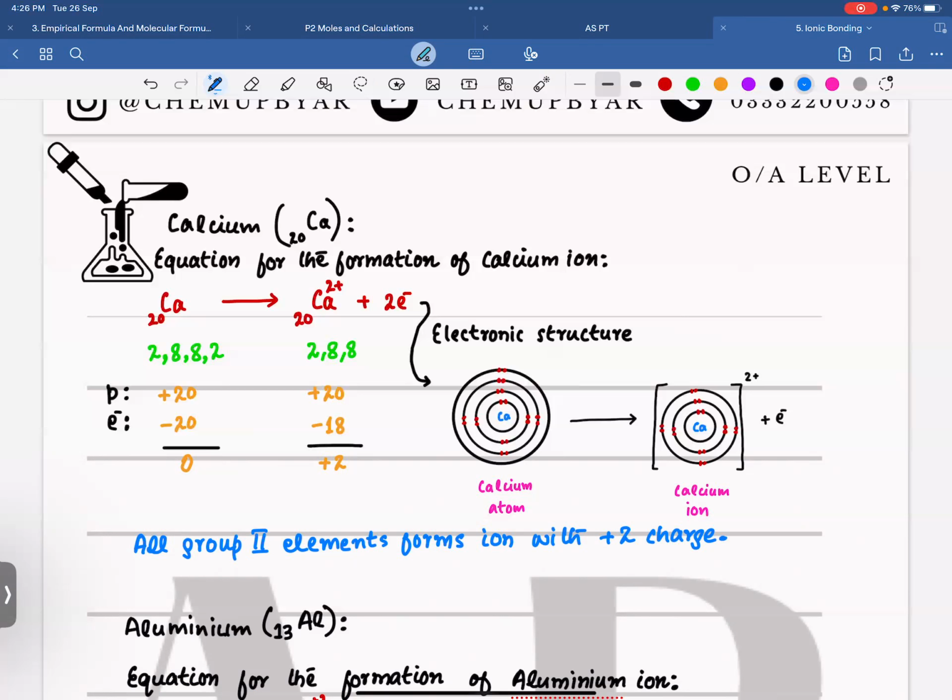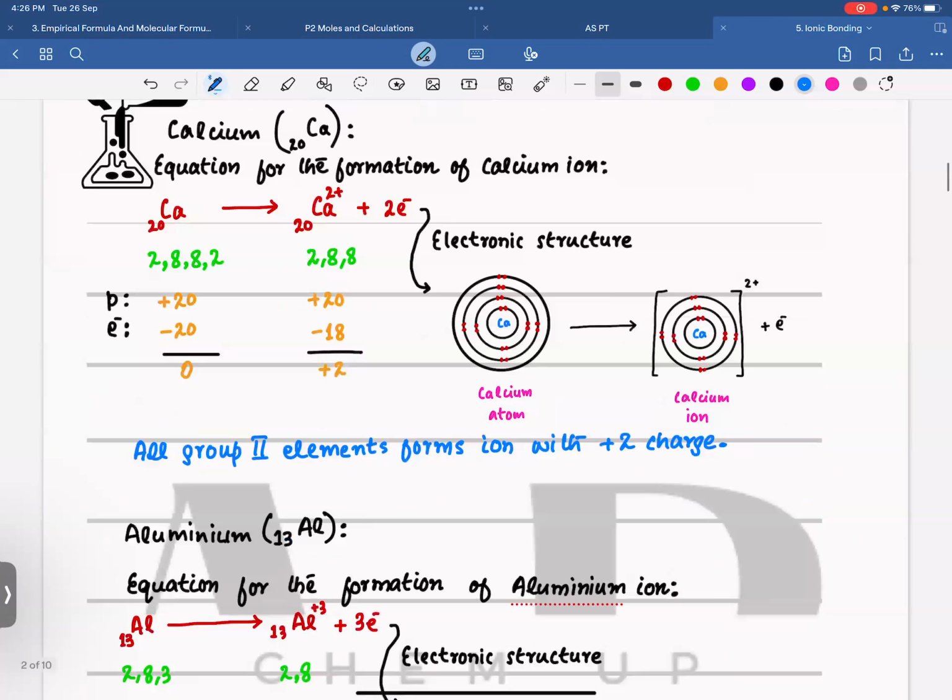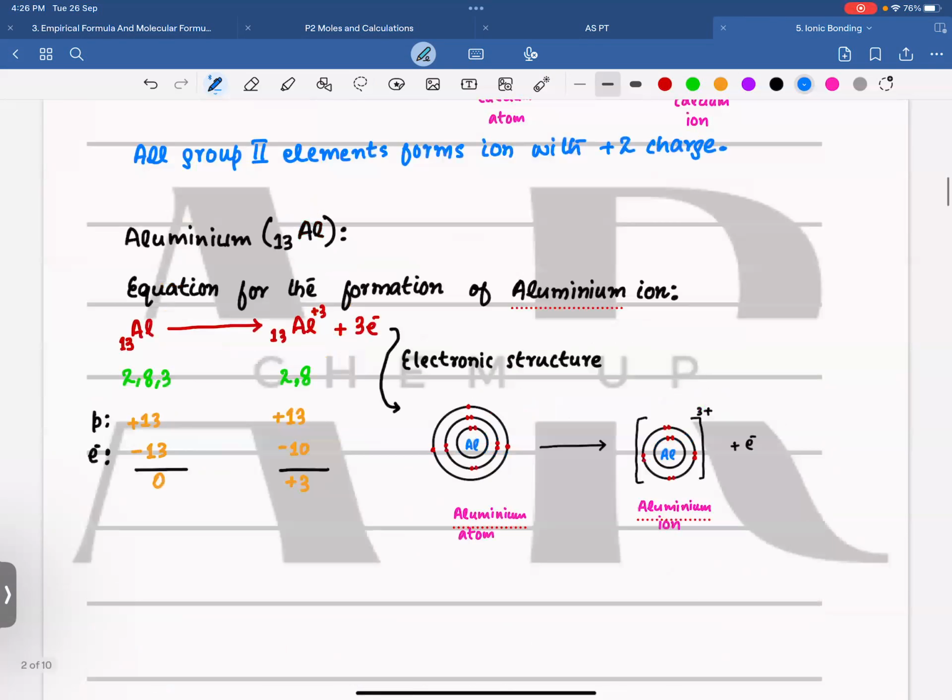So see, here we have this. Aluminum is in which group? It is in group 3.